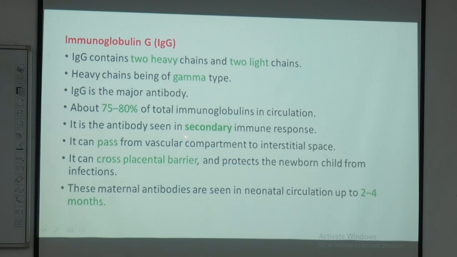IgG is mainly found in the secondary immune response, and it can pass from one vascular compartment to the other, so it can also pass through the placenta. So it can pass from the mother to the fetus, and when the fetus acquires these immunoglobulins, they stay in the fetus or baby after birth for about 2 to 4 months.